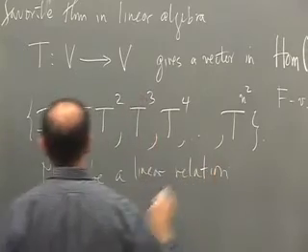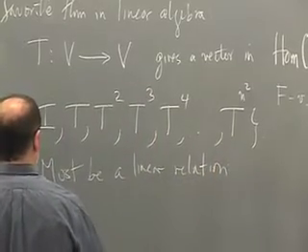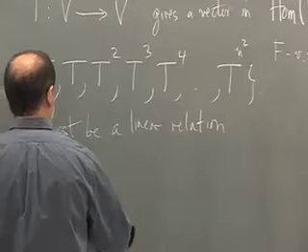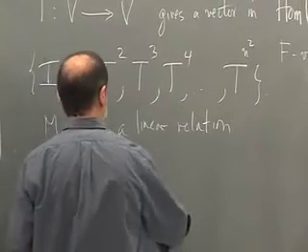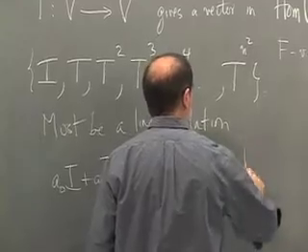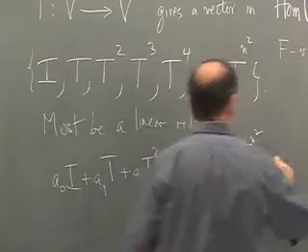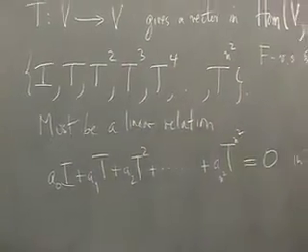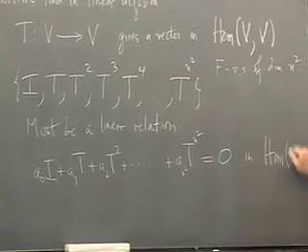A linear relation means something of the form a0 times I plus a1 times T plus a2 times T squared, up to a_{n squared} times T to the n squared, equals 0 in this vector space, Hom(V,V).